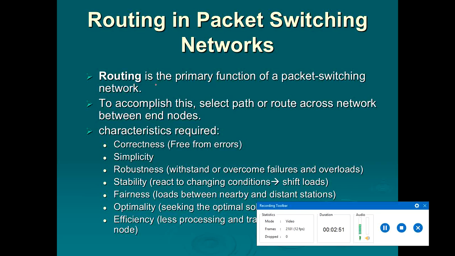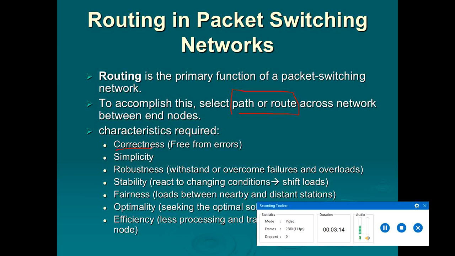So routing is the primary function of a packet switching network. To accomplish this, a path or route across the network between the nodes has to be selected. Now, when a path has to be selected, what are the characteristics required from that path? The following are the characteristics that are required.